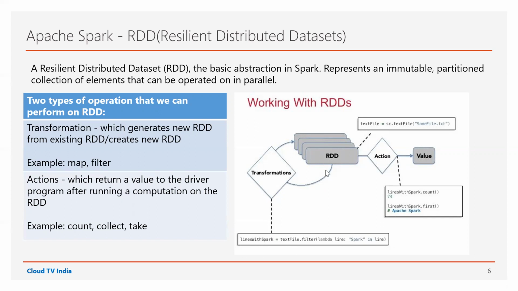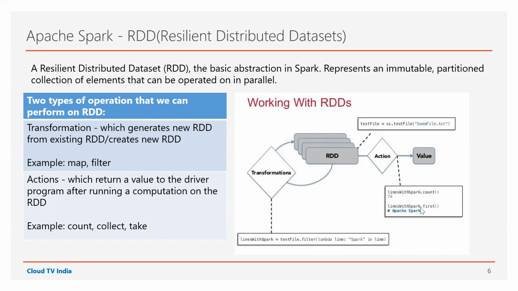So whenever a transformation is applied on an RDD, you get a new RDD. That is one type of operation. The other type of operation is an action. When you apply an action, you get a result. For example, if I apply an action on the lines-with-Spark RDD, I can apply the action called count, and I will get the number of elements in this RDD.